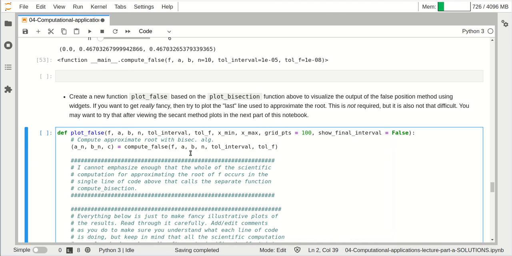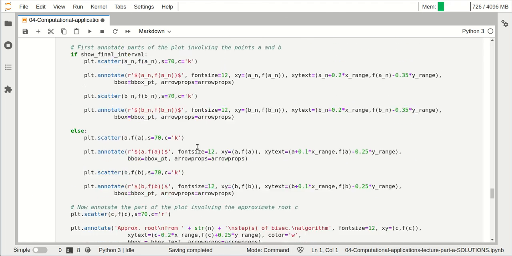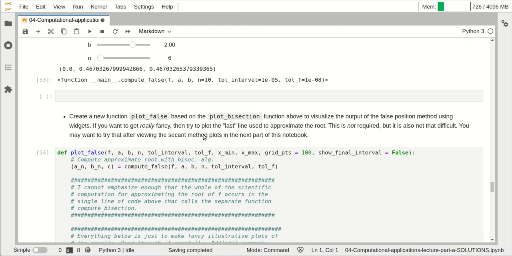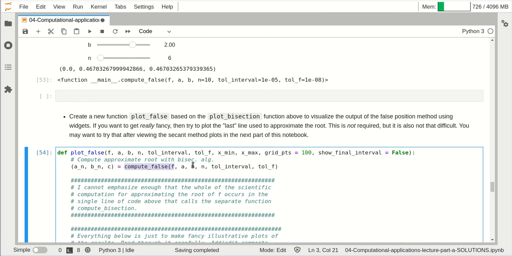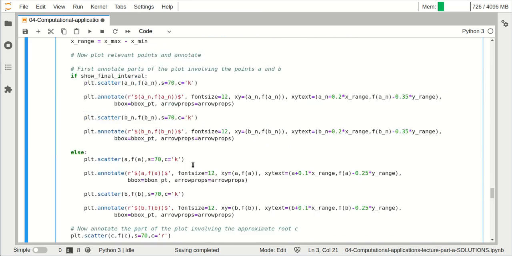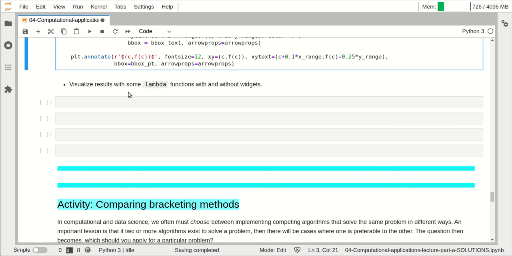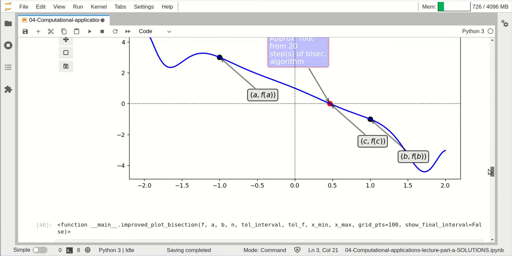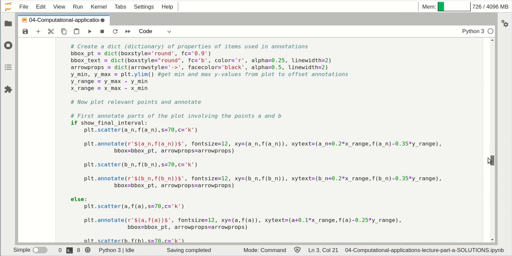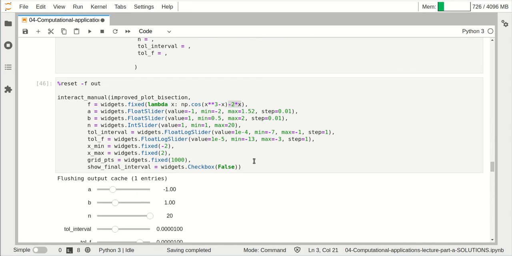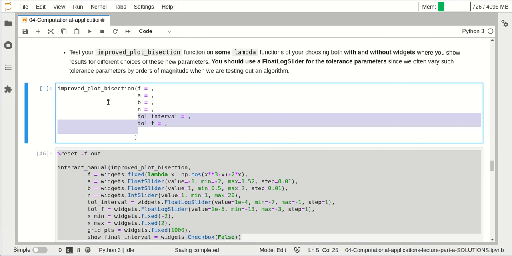So, all right. That completes that part of the activity. I'm not asking you to change a lot in this code. What do I need you to do? Change the algorithm it's calling from compute bisection to compute false. And then all you got to do to visualize the results with some Lambda functions, if you copy and pasted this code with the improved plot bisection, is just copy and paste these pieces of code that you did at the end of the previous activity that I talk about in the previous solution video.